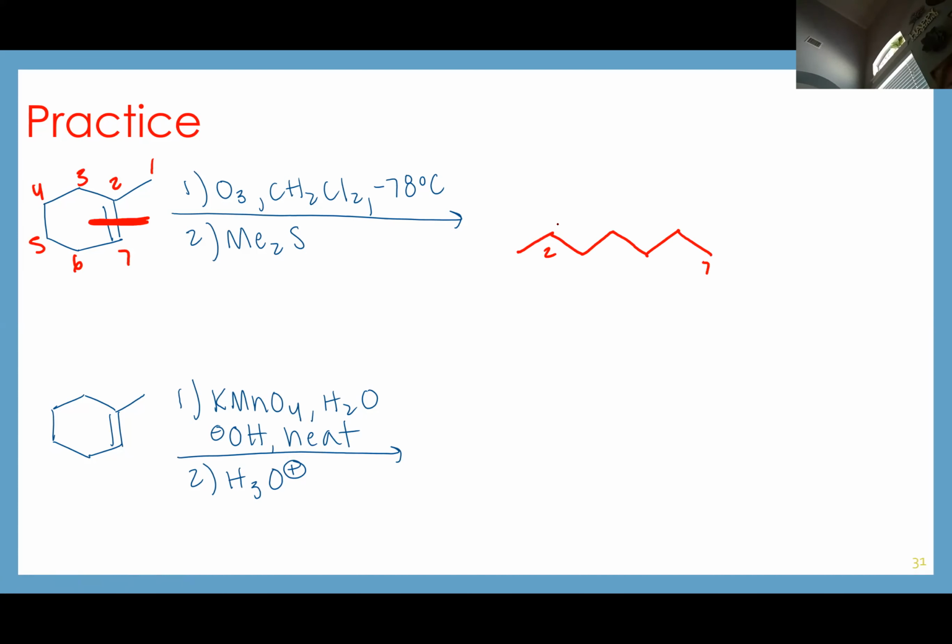So I'm going to draw a double bond here. And I know that since this is the reductive conditions, I can just draw an oxygen onto there. Carbon 7 had a hydrogen sticking off of it. So I'm going to draw a hydrogen, draw my double bond and put an oxygen on it. And that's all you have to do for this.